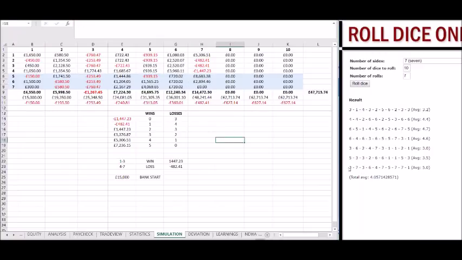And then 1, 2, 3, 4, 5 again. 2 wins here. 1447.23 plus take away the loss 482.41, which came to £964.82.